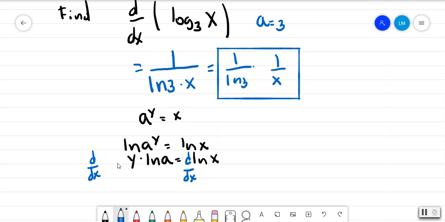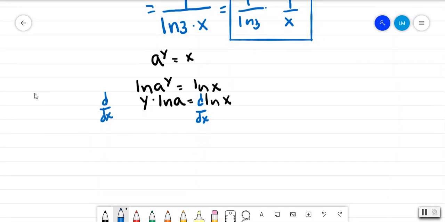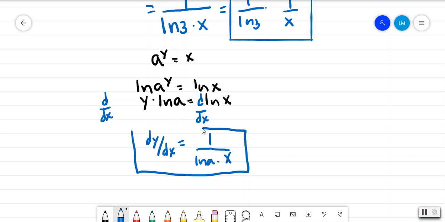you get dy dx, and then you have the ln of a is still there because it's a constant. So that gives you 1 over the natural log of a multiplied by x, because the derivative of ln of x is just 1 over x, so it pretty much gives you the same thing in terms of the derivative of the log function.